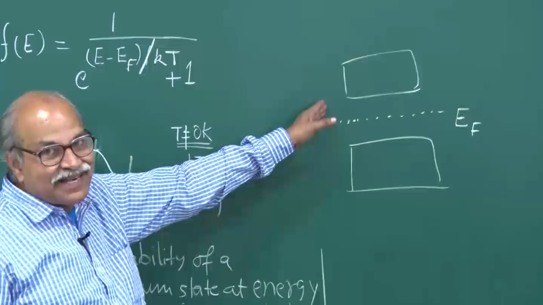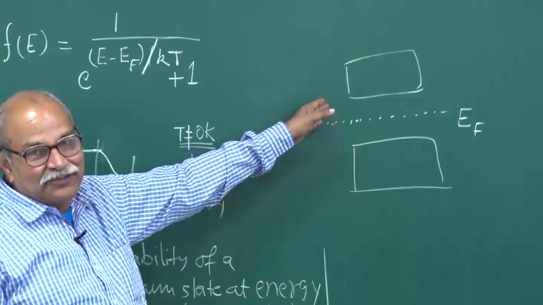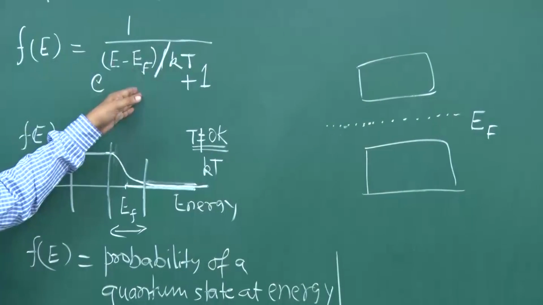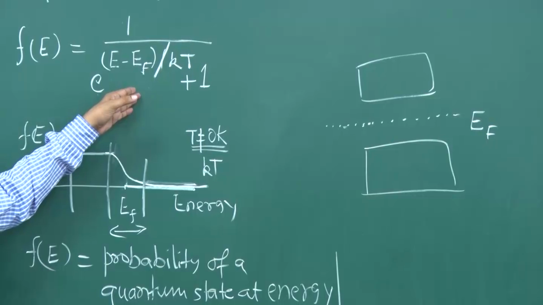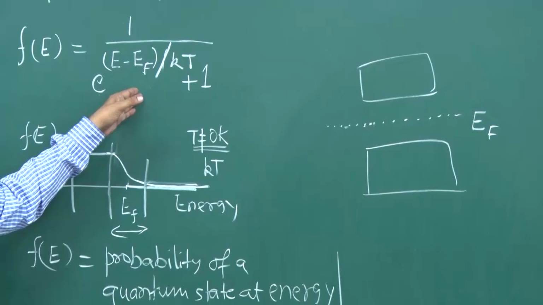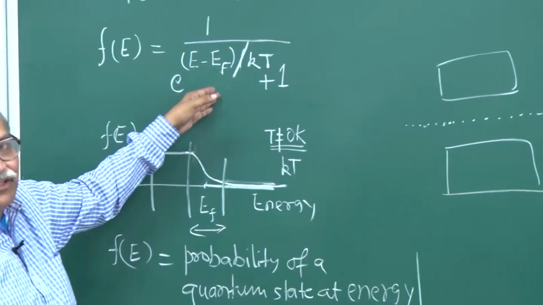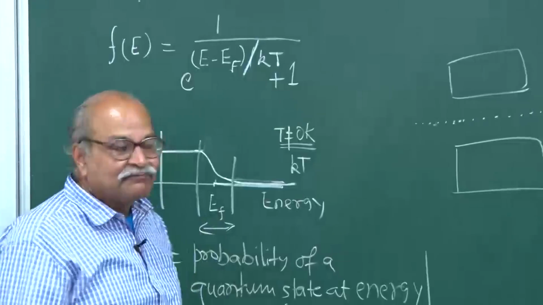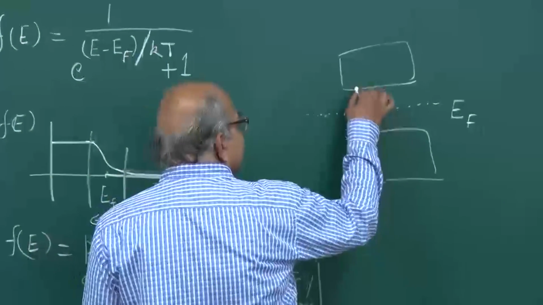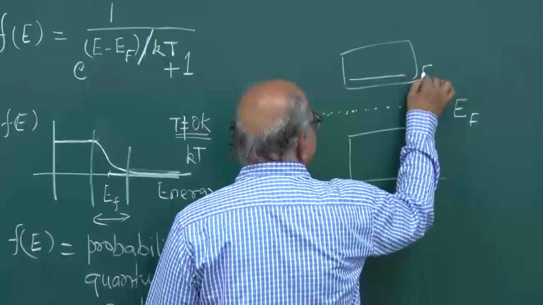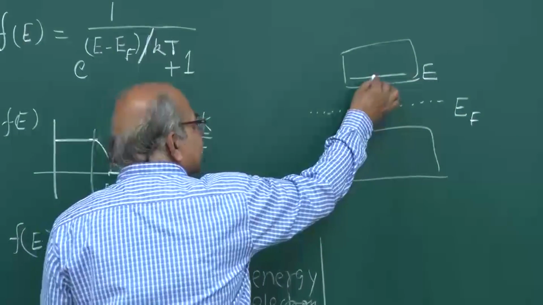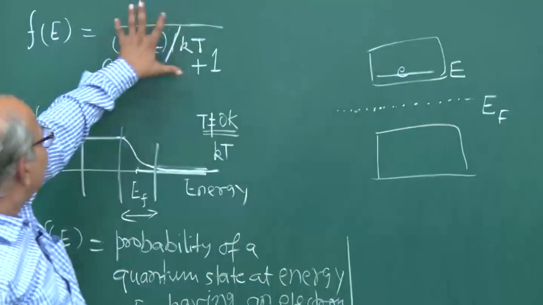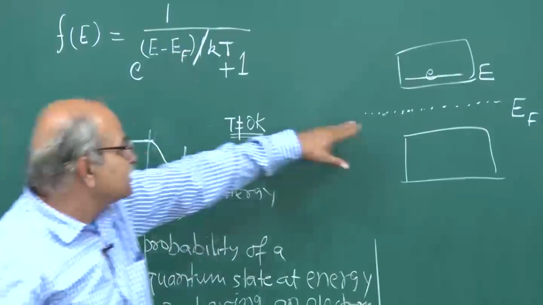There is no quantum state here. So although the probability at E equal to EF is 1 by 2, there is no quantum state, so that question is out. But you have to measure from here. If there is a quantum state here at energy E, what is the probability that it will have an electron? So you have to calculate that probability using this EF, and that EF is here.